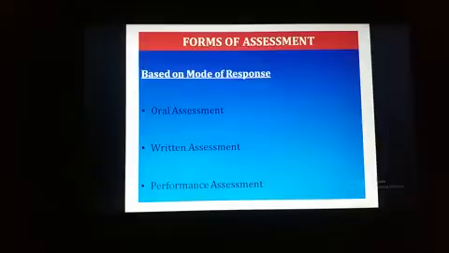There is nothing written, there is nothing performed. Written assessment, by writing. Generally, we respond to long answer questions, short answer questions, very short answer questions, objective type questions, or essay type questions. There are different types of written assessment.